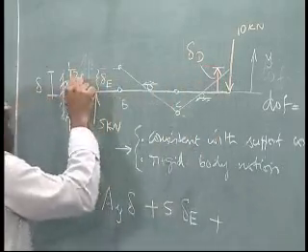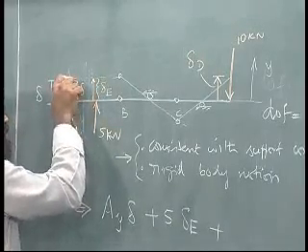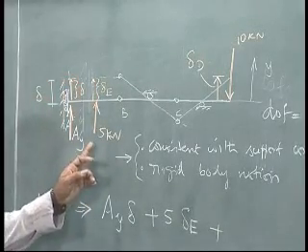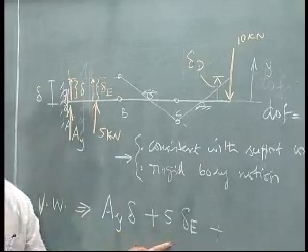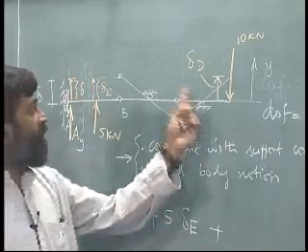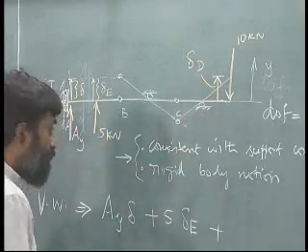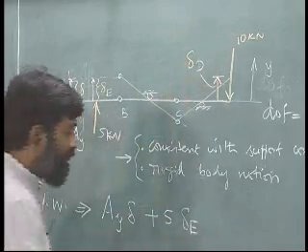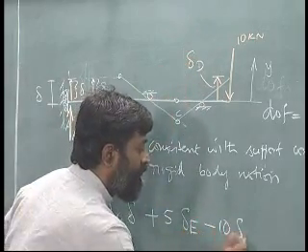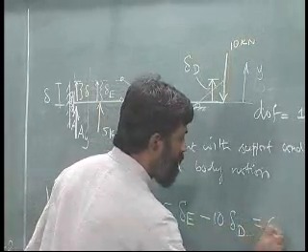Please remember, I should have put the direction of these displacements. 5 kilonewton upwards, delta E upwards. So that is why plus 5 times delta E. Here delta D is upwards, 10 is downwards. So I have minus 10 times delta D, and this is equal to 0.